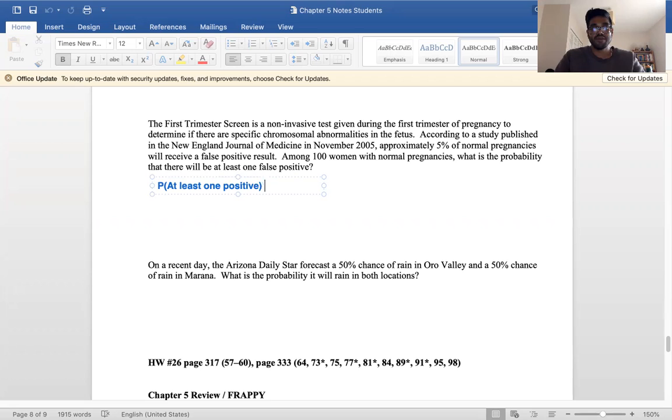Okay, and this is the same thing as saying 1 minus the probability of no positive. And so the likelihood you get a not a false positive is going to be 1 minus 0.05. That's just from the problem. There's a 5% chance. So there's 0.95.